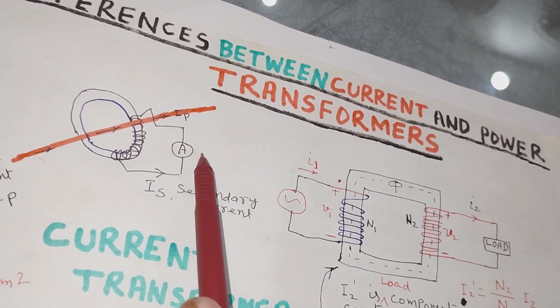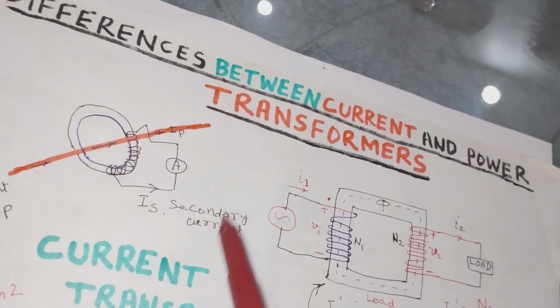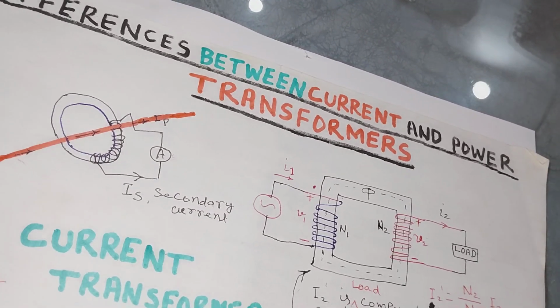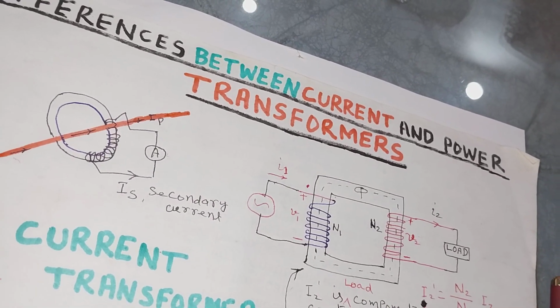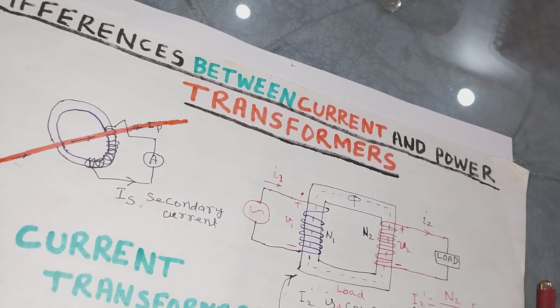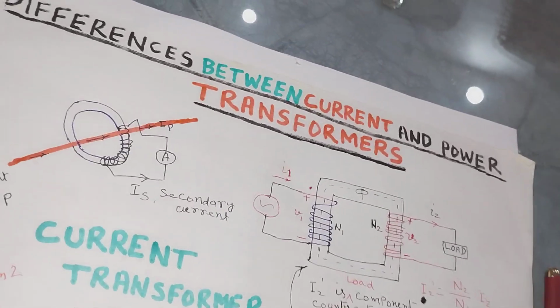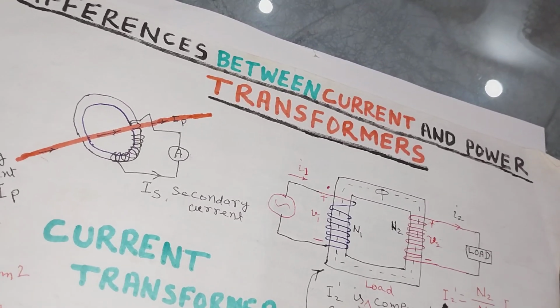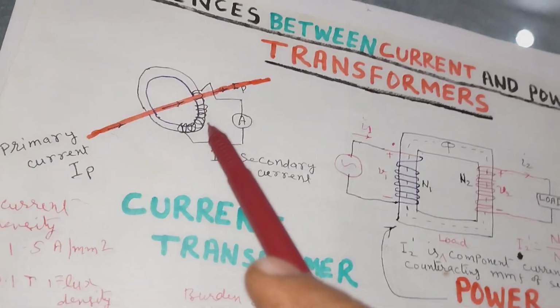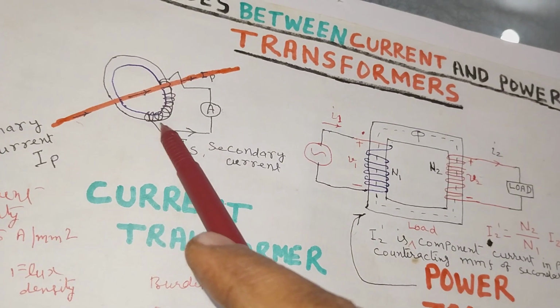Normally, energy meters have a burden of 2 VA. So at the maximum, if the burden is 5 VA, you can connect a maximum of 2 energy meters with this CT.